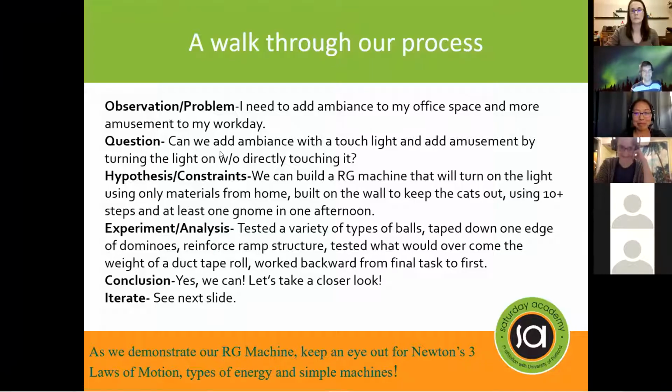No, because I didn't push the share button. There we go. Now are you looking at my slides again? Okay. All right, so this was a walk through our process. Oh, and it's not advancing again, hang on. Okay, I'm going to stop sharing.